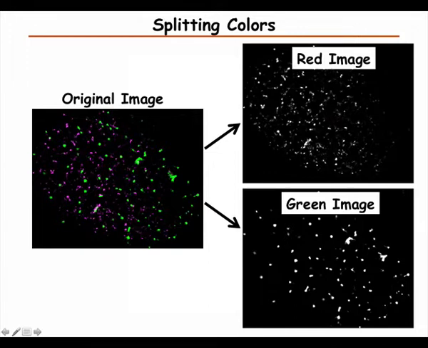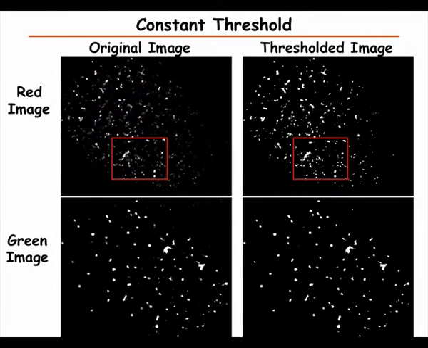So we split the colors, and the next thing we have to decide is what is background and what is foreground. In this case, we can actually apply a simple threshold because our background is very nice and homogeneous. Here we have the red and the green image separately, the original image and the thresholded.